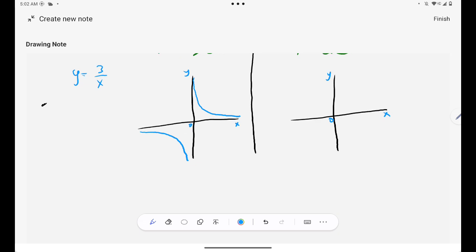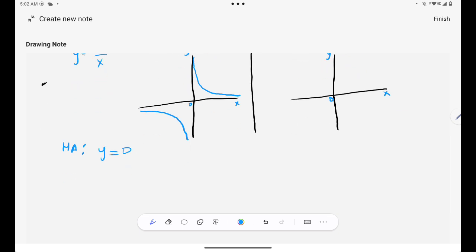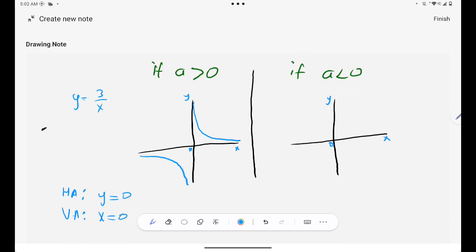In this case, whenever they say to you write down the equation of the asymptotes, you'll just say the horizontal asymptote is the line y equal to 0, which is the x-axis, and the vertical asymptote, it'll say x is equal to 0, which is the y-axis.